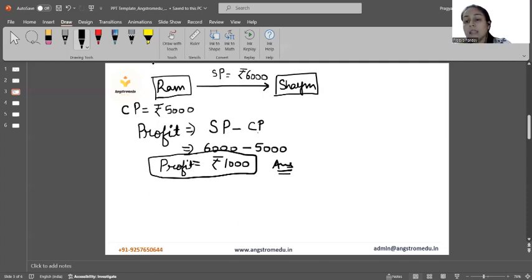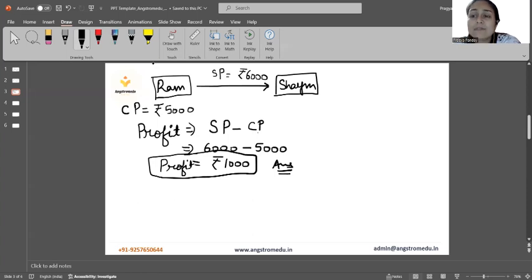All right. Now, what if I want to calculate the percentage of profit, like how much in percentage Ram has gained, or profit percent we are supposed to find out. So how will we do that? There is one more formula for it.